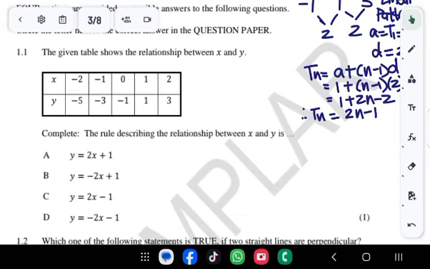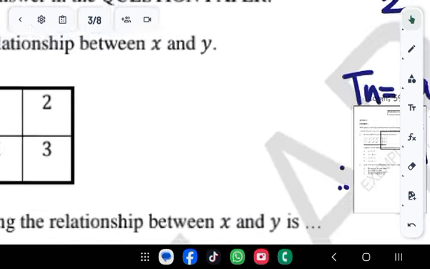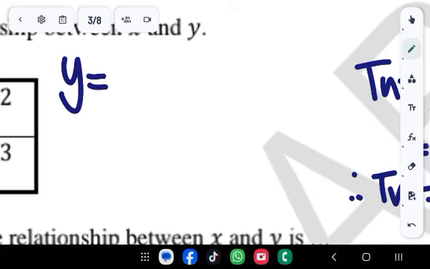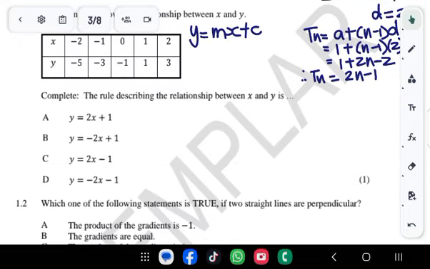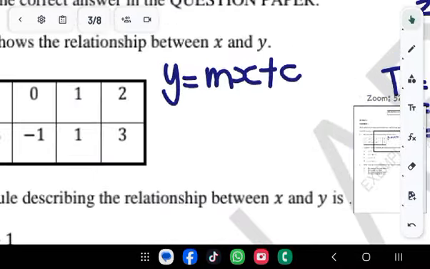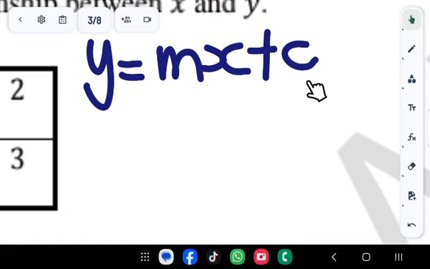But let me show you the equation method. With the equation method, remember the standard equation for a straight line, which this looks like. All of them are straight lines. We just need to figure out which one is the correct equation for that straight line. Now C is the y-intercept.